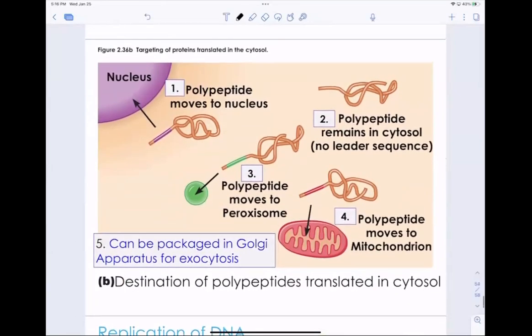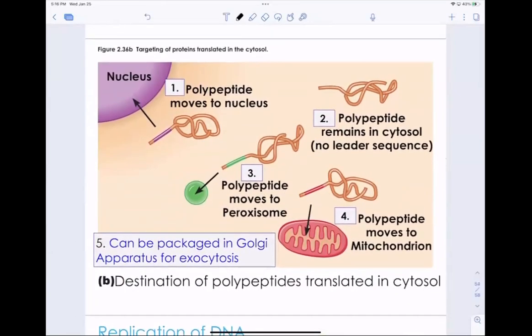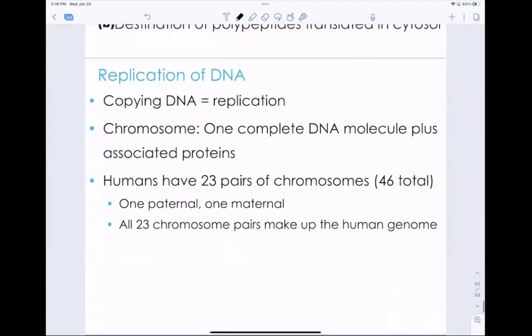So this is kind of the leader sequences and explanation, right? This could be a metabolic enzyme, right? This could be, you know, some kind of enzymes to break down bacteria or virus. And so it could be different things.